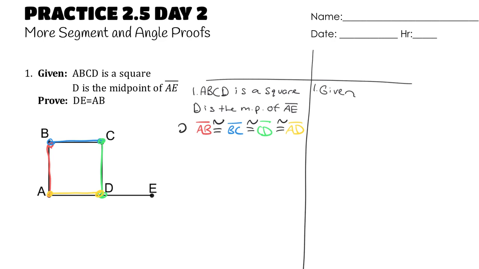So I'm going to label that step 2, and our reason here is going to be the fact that it is a square, so we're using the definition of a square.